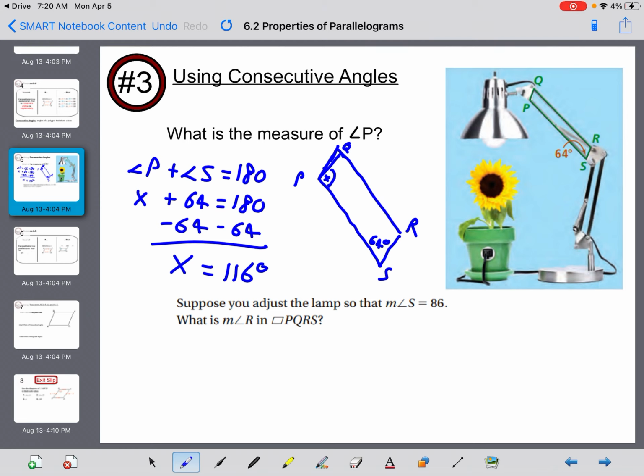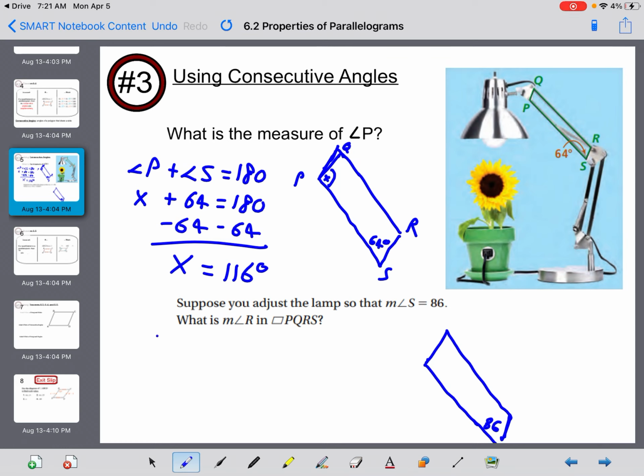Now, this bottom question says, suppose you adjust the lamp, and the parallelogram changes size, and angle S becomes 86 degrees. Well, what would happen then? If I recreate the shape, and we said that this time angle S is 86 degrees.